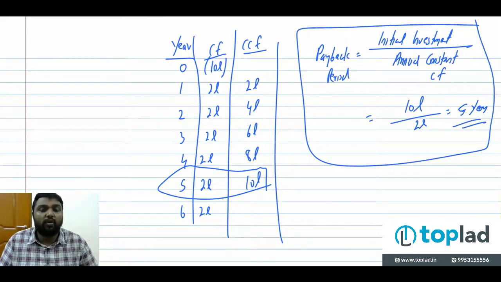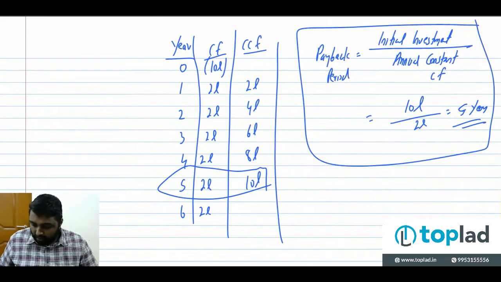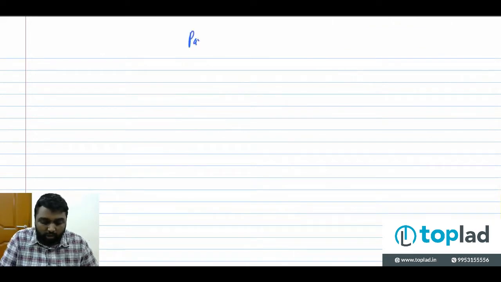See, this cash flow approach, that is your payback method, has some limitations. Payback period mainly has two limitations.